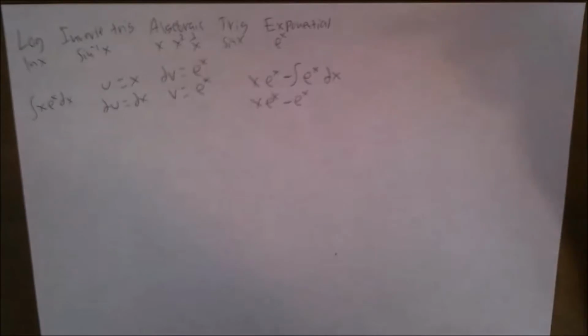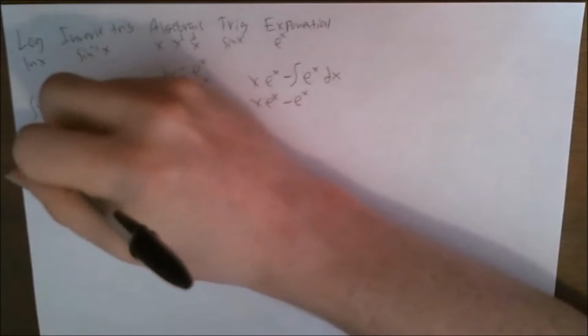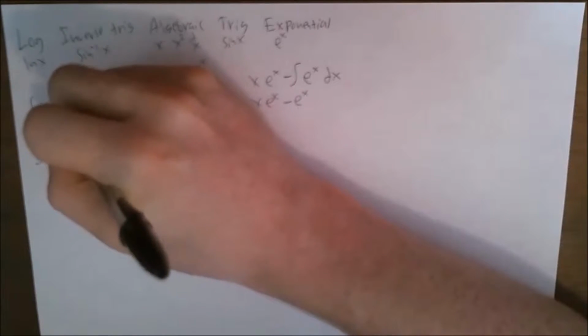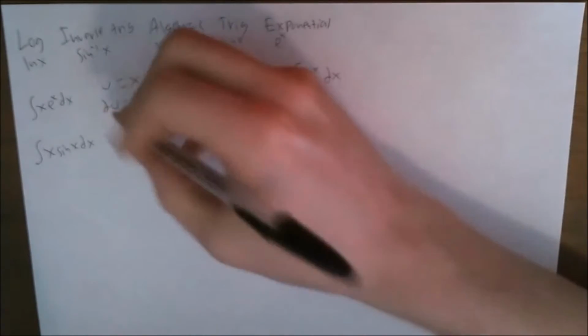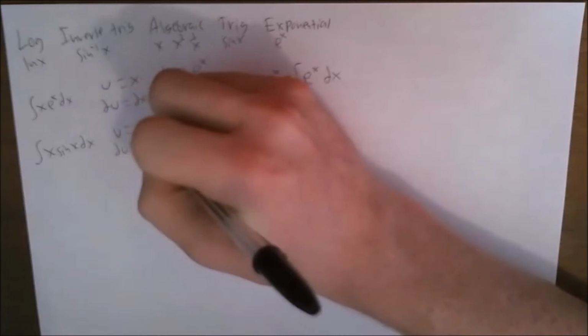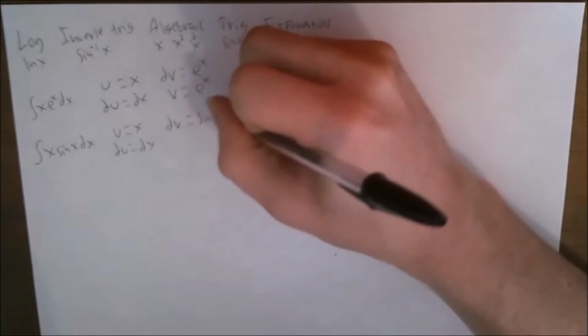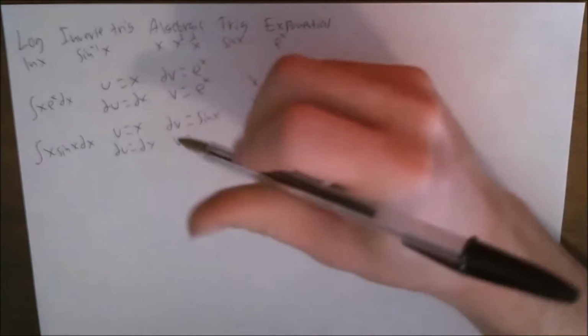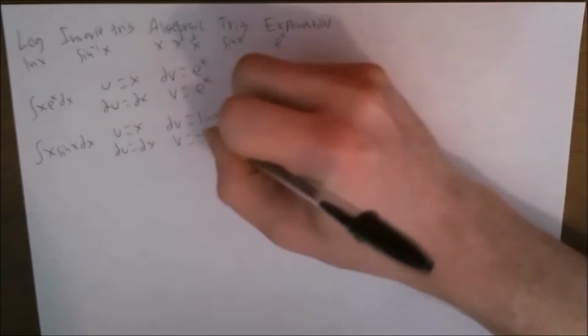For another example, let's say you want to integrate x sine of x. Same thing: log, no, inverse trig, no, algebraic, oh, you got x, so u equals x, du equals dx, dv equals the other one, which is sine of x, and then v, when you integrate it, you get negative cosine of x.